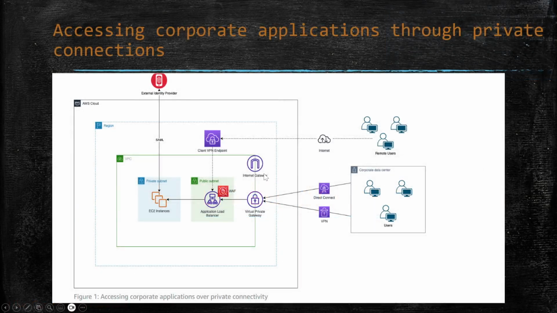So this is more like accessing corporate applications through a private connection. This is where the VPN comes in. Organizations often use VPN, like VPN Direct Connect or VPN client, to access the internal applications.